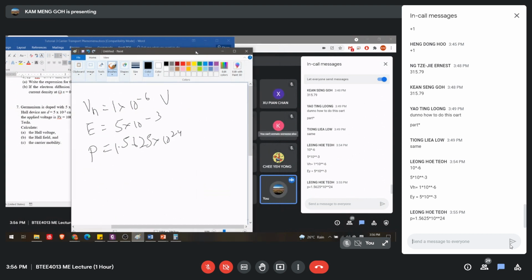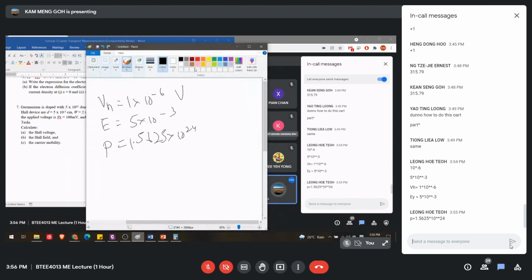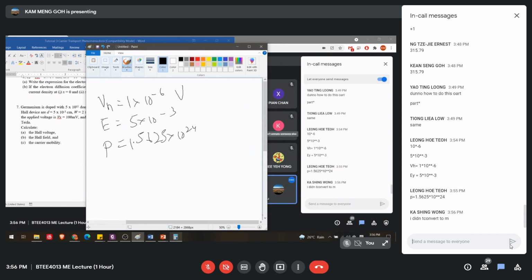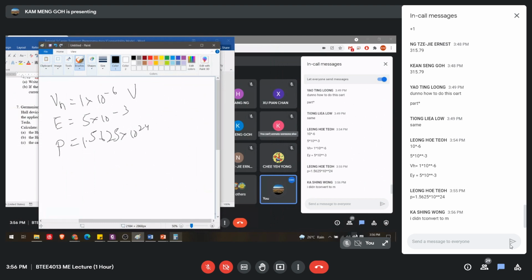Wong Gasing, what do you get for these three items? You didn't convert it to meters, so I assume your answer will not be correct.